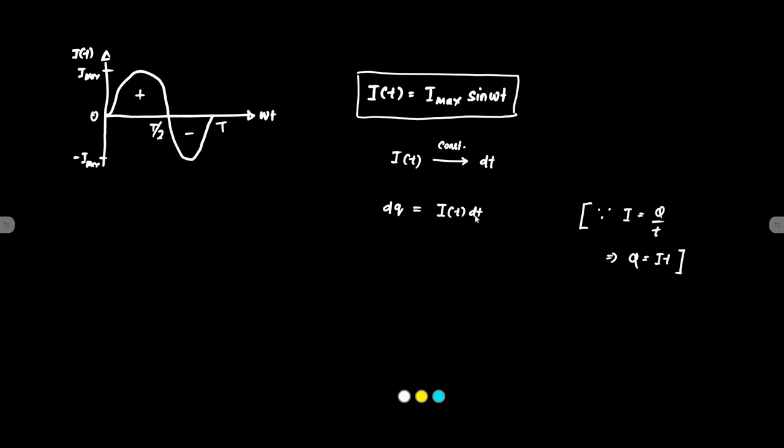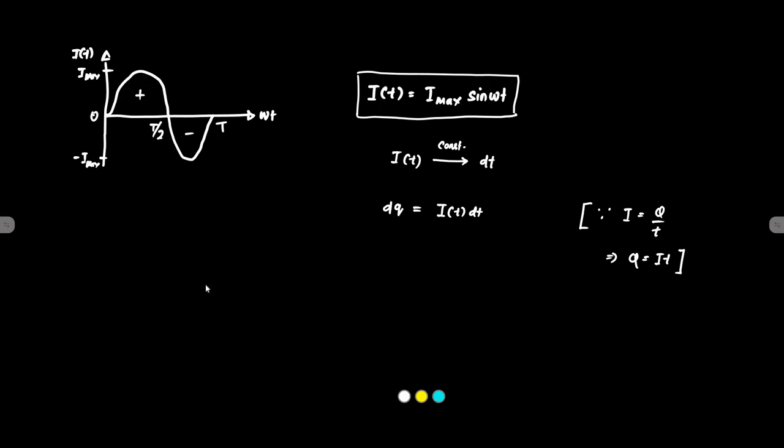Now we are considering only the time duration from 0 to T by 2. So the total amount of charge which is transferred by this instantaneous current during the positive half cycle, that is from 0 to T by 2, let that total charge be equal to q.